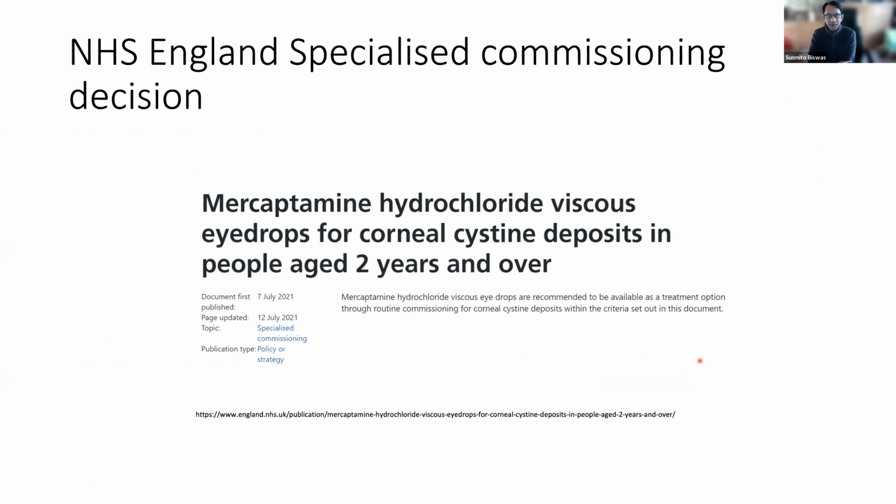So as mentioned before, the NHS England Specialised Commissioning Body finally commissioned the use of Cystadrops for patients over the age of 2, and that was done earlier in this year.